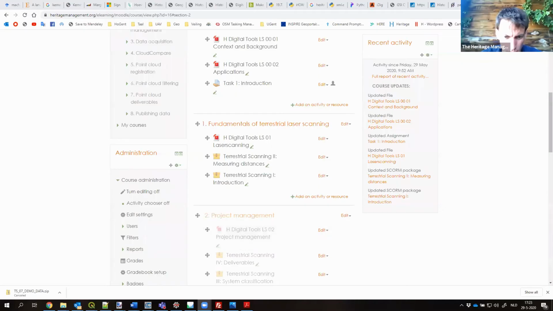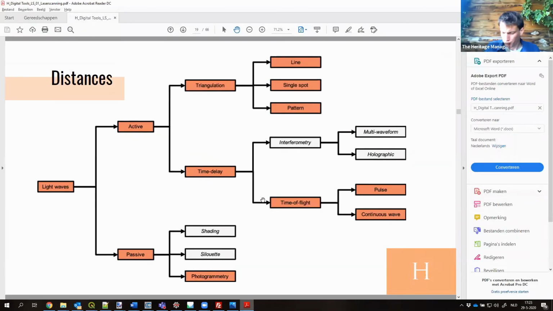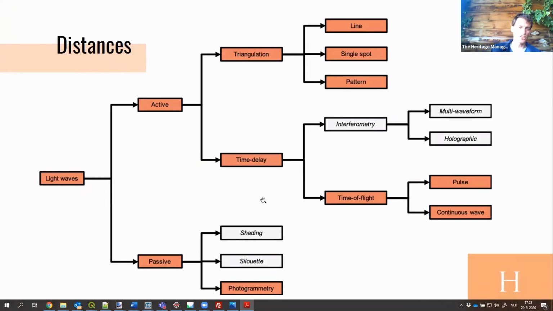Voila. Share my screen. And go back to the presentation. So in this schema, you see a distinction of the different techniques that can be used to extract distances or geometrical representations of features.